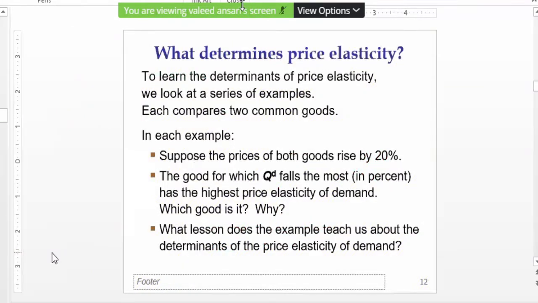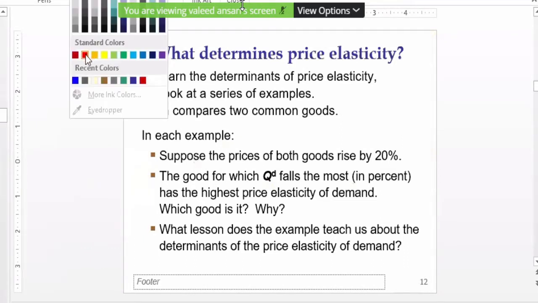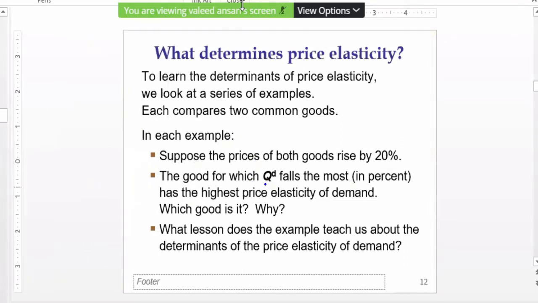Now the question is, what determines price elasticity? What are the factors which affect elasticity? What are the determinants, the underlying factors?